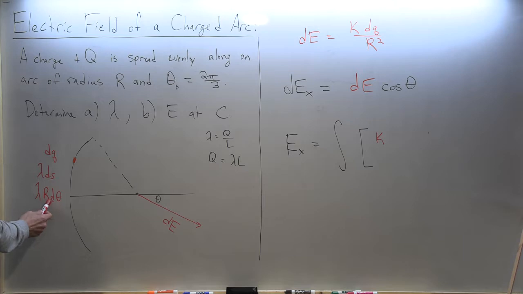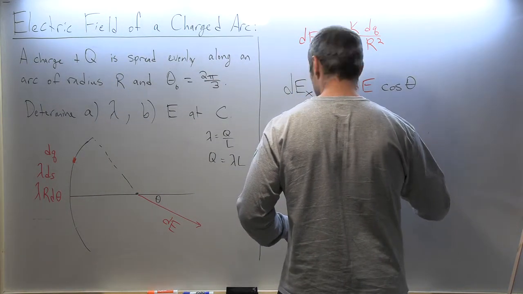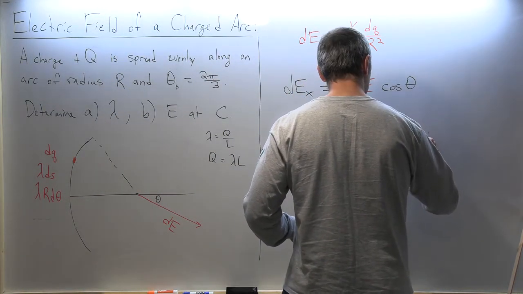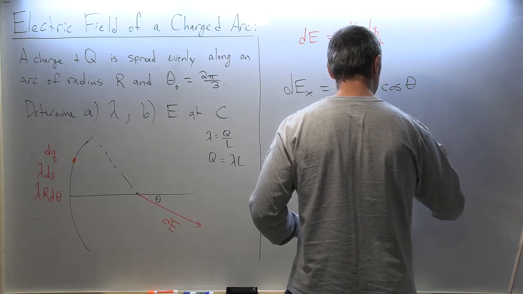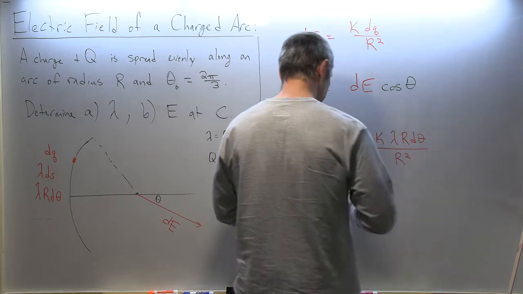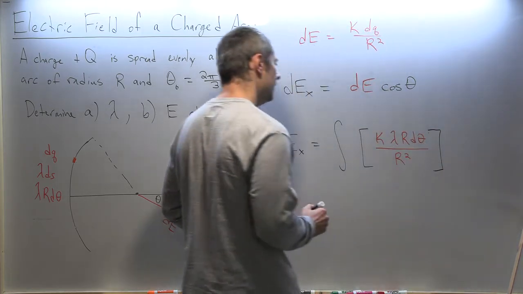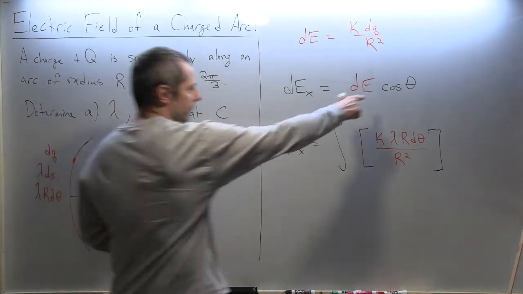It's radius times angle. So let me just put that in for now: lambda r d theta over r squared. So there's my expression for dE, times the cosine of the angle.